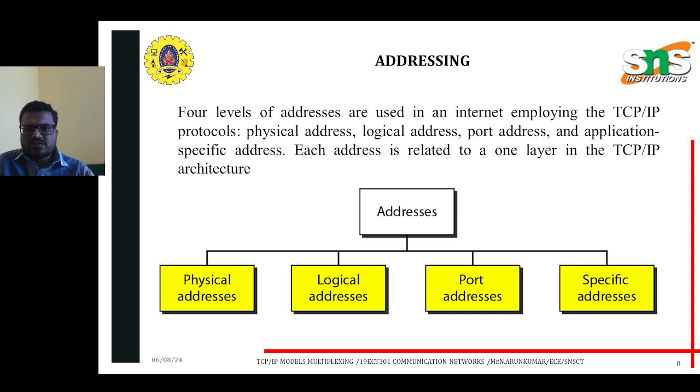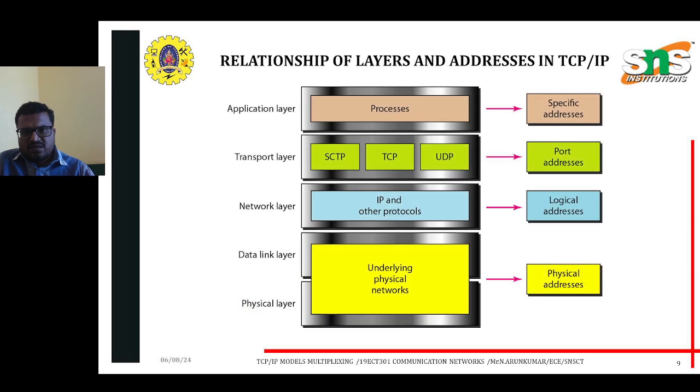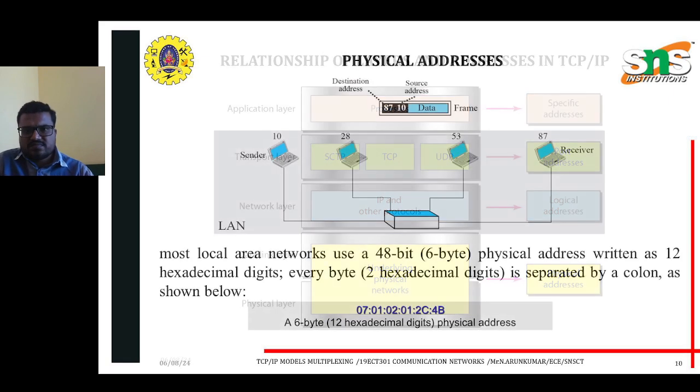These are all possible ways of fetching addresses from internet protocols. In the relationship between the layers in TCP/IP, the port addresses are fetched by the transport layer, logical addresses by the network layer, physical addresses by the physical and data link layers, and the domain name system information by the application layer's specific addresses.